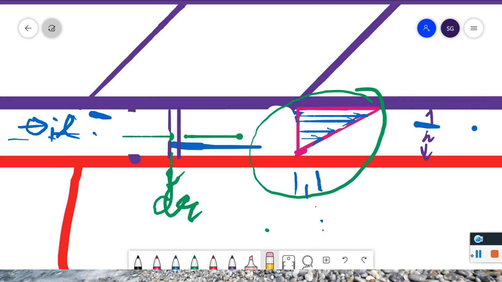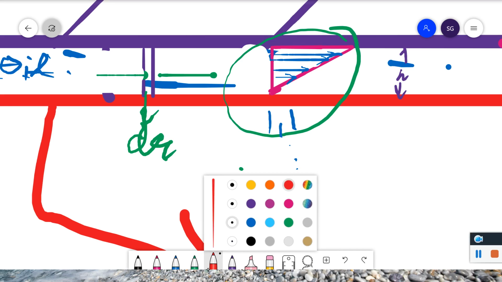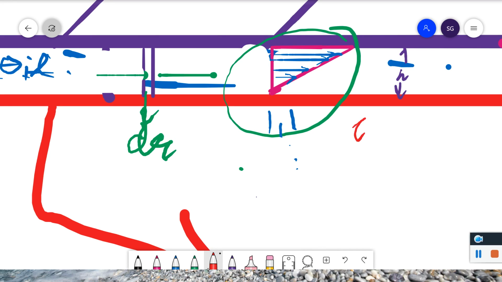For the calculations part, we know that tau is equal to mu v by h.